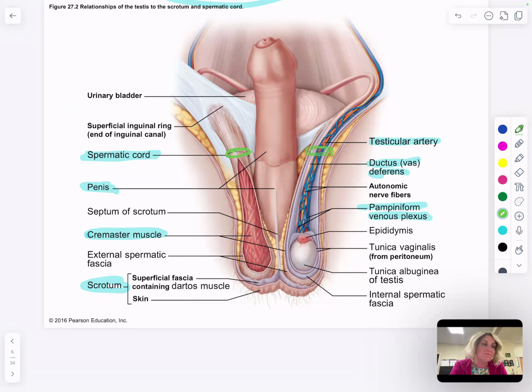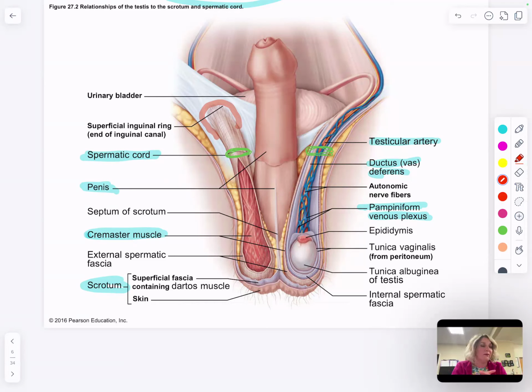I also want to mention just briefly, let's see, this right here, that thing right there. Okay, the cord has to go through a membrane. That membrane is what's separating the abdomen from the contents of the scrotum. And so this cord goes right through that membrane, but the membrane is supposed to be tight around that cord.